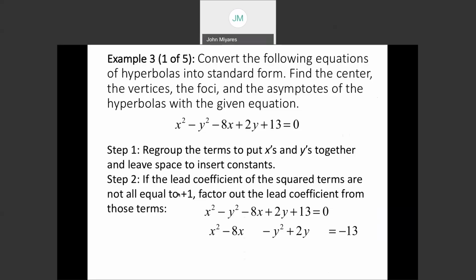In this example, it isn't obvious that we have a problem since it looks like the coefficients of the squared terms are both 1. But where it's deceiving is that in front of the y squared term is a minus sign, which means that the coefficient of the y squared term is -1. So we're going to have to factor out a -1 out of the two y terms in order to get y squared minus 2y inside the parentheses.